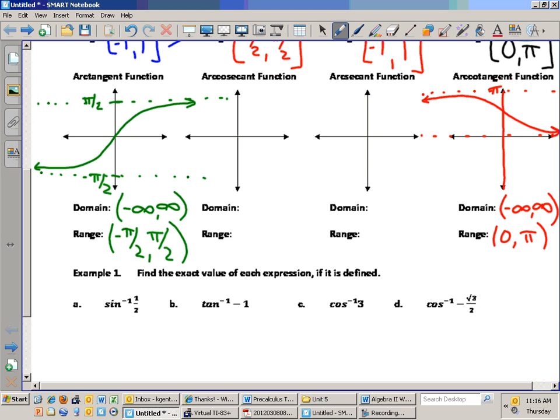At this point, I need you to take out your sheet that looks like this, and I need you to take out your calculator, okay?